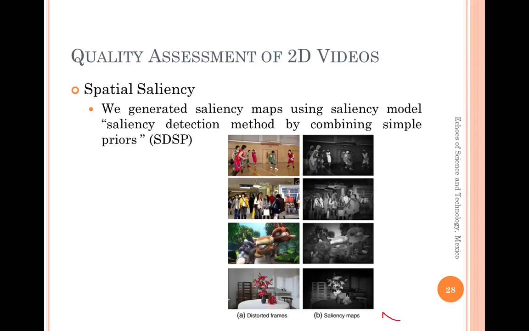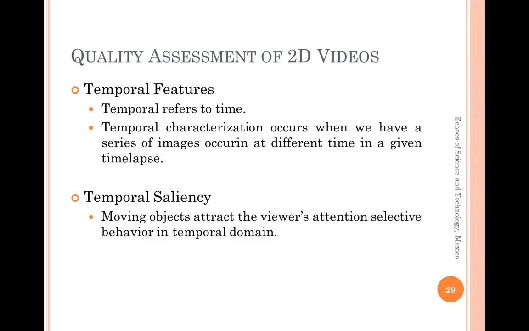In this image, you can see examples of spatial saliency maps that we generated from input frames of distorted videos. To show these images, we randomly selected one frame from a distorted video and generated a saliency map of this frame.